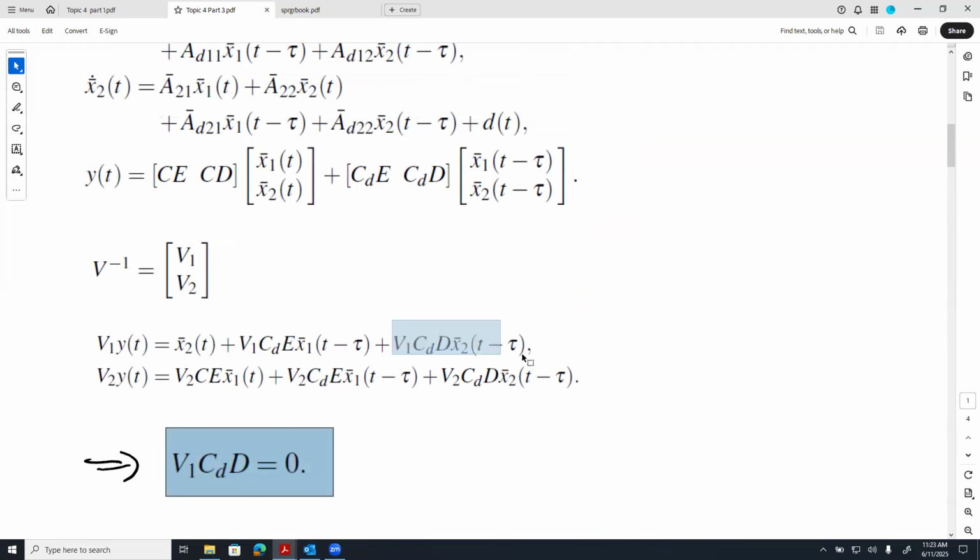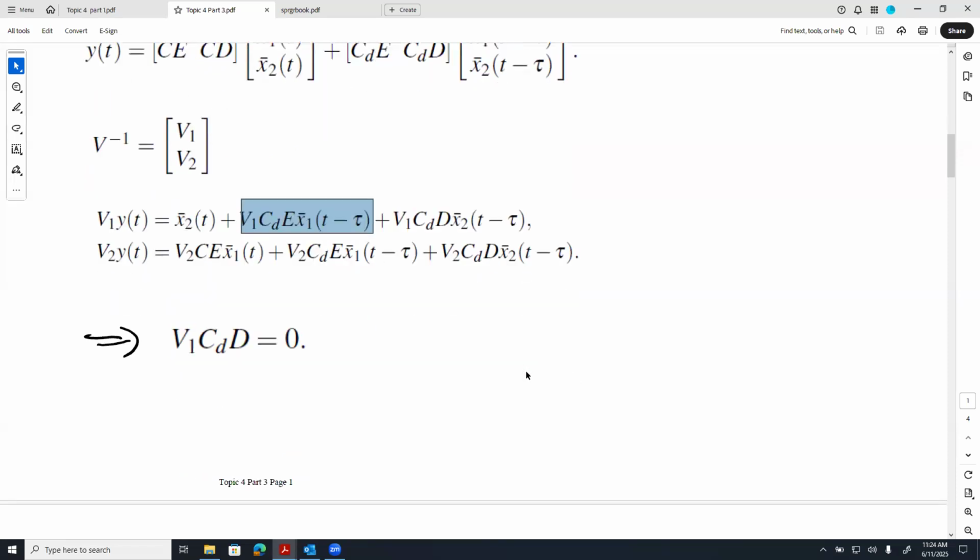Now this term is 0, but this term here is not guaranteed to be 0. It's not guaranteed to be 0 because the first row of matrix CD can be non-zero, and therefore this term can be non-zero. So that's why when we express the unknown input, this stack variable x bar 2 of t will be in terms of this expression as well.